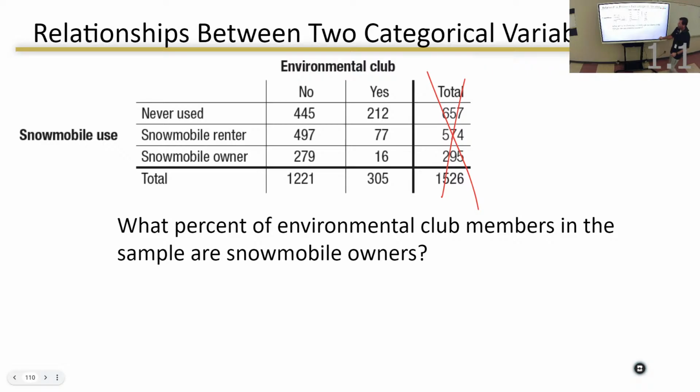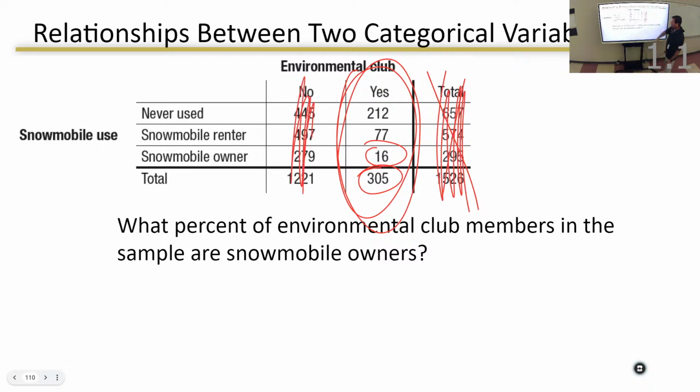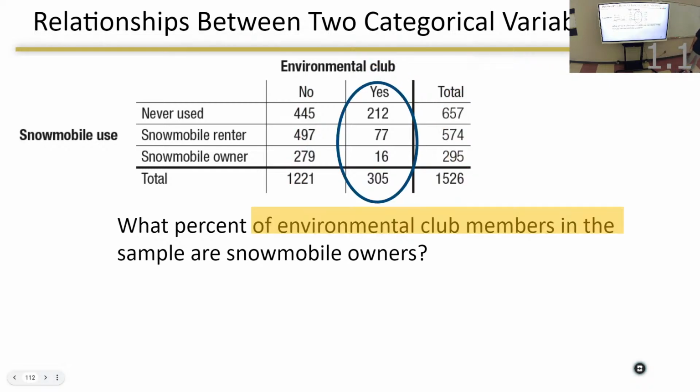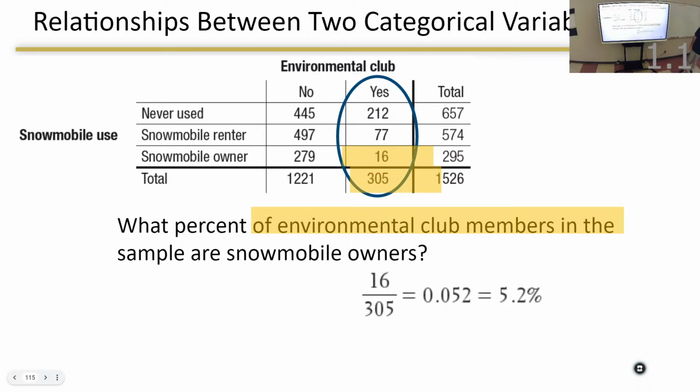I'm only talking about those cats right there, and are owners. So that's 1,600 that we get by. I don't care about these guys, and I don't care about these guys. I'm telling you the environmental club members, and those guys.